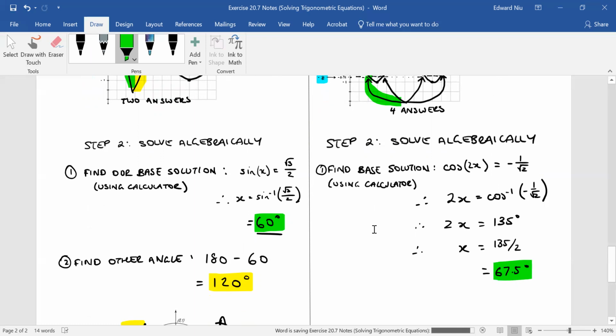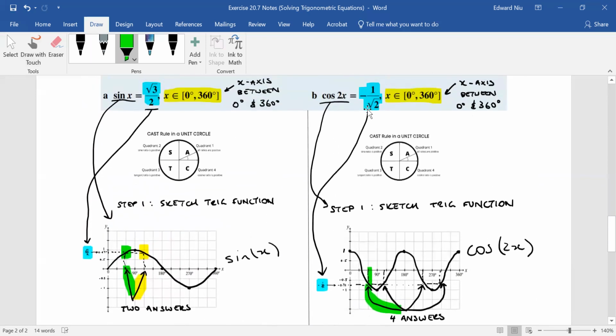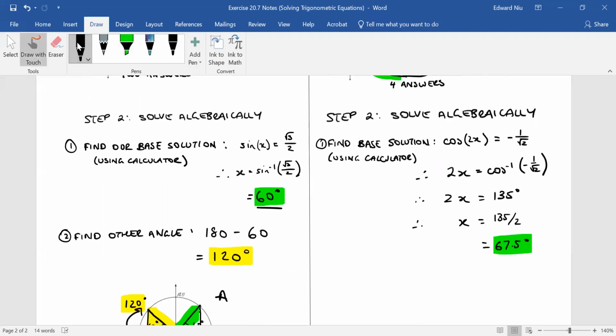And this is where we go and check out this fraction. So let me just write this down. So find other angles by checking CAST.